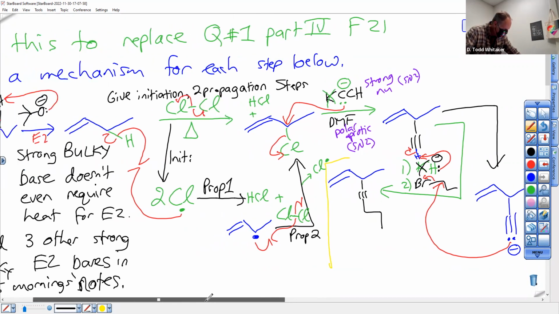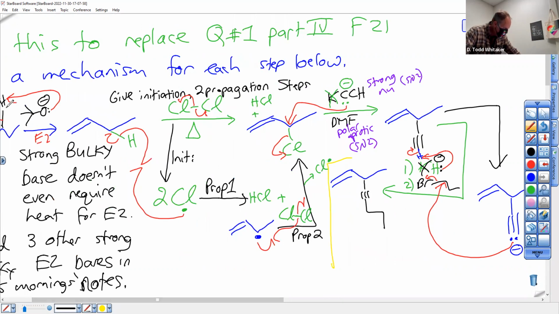See how I grade these things. 1 point for this set of arrows to do the E2, so we're at 1. 1 point for this set of arrows, 2. 1 point for this set of arrows, 3. 1 point for this intermediate, 4. Organic intermediate's got a point. Arrows, 5. There's no new intermediate. I already had that drawn.